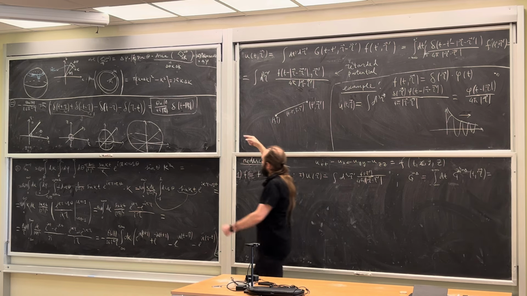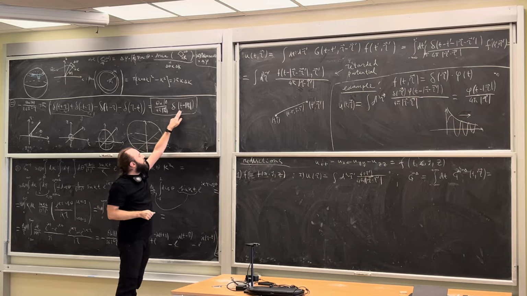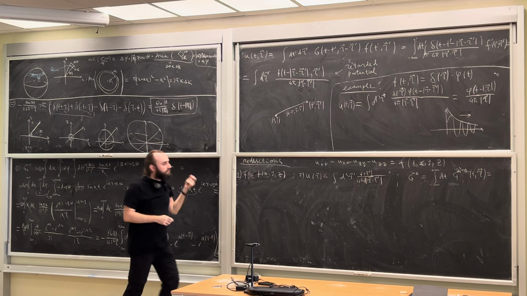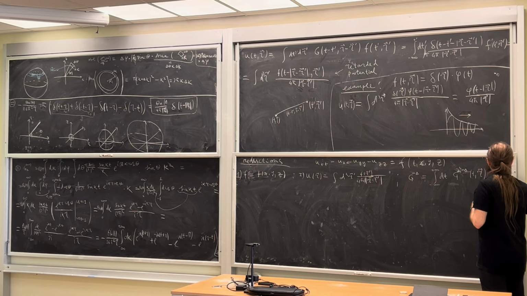If you integrate this expression in time, it of course gives 1 from this delta function. So it will be 1 over 4 pi absolute value of r.